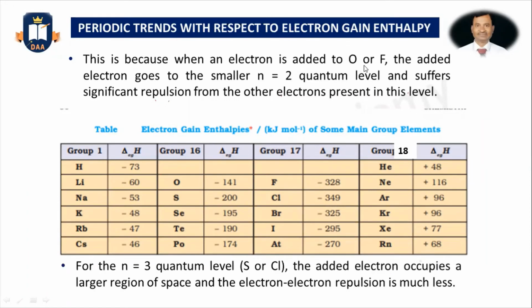For oxygen or fluorine, the electron will go in the second quantum level where n is equal to 2.